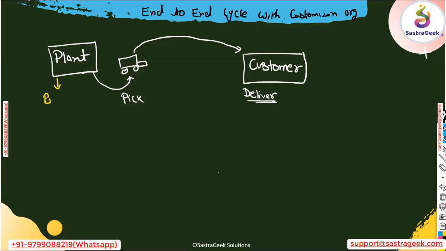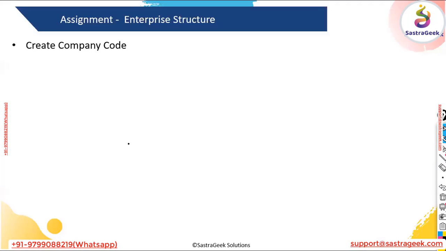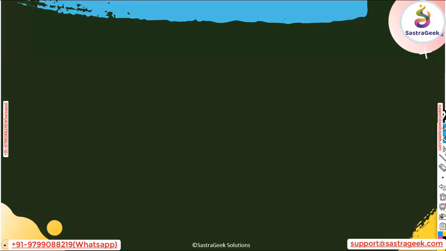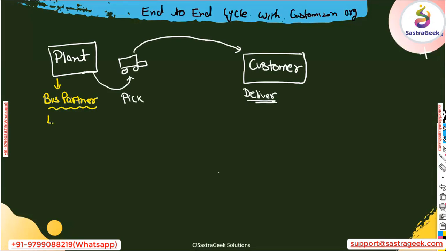We need to create this plant as a business partner, and we should also create this plant as a location. So this is one set of data which would be required. Then, from where the picking would be happening, there you will require a shipping point.